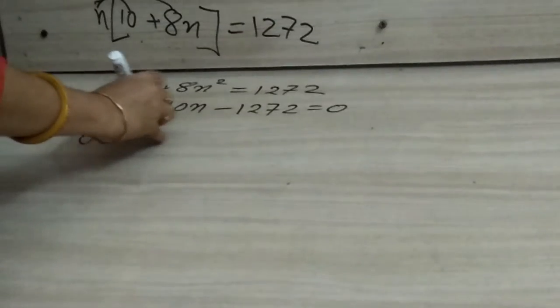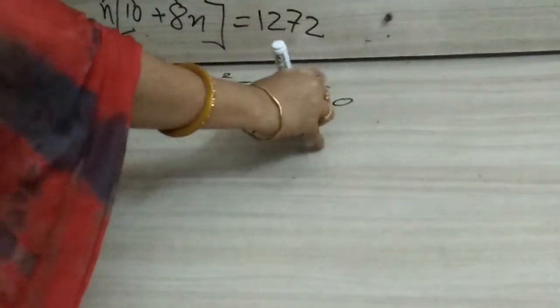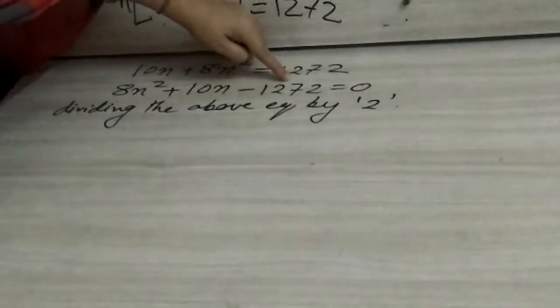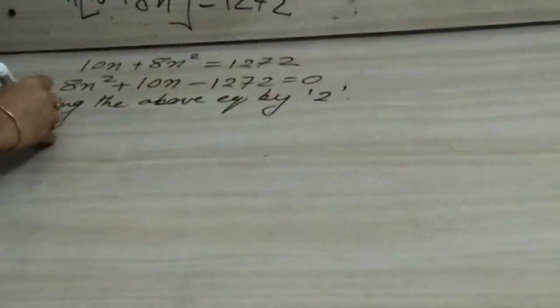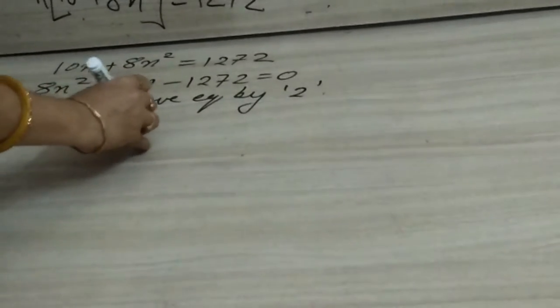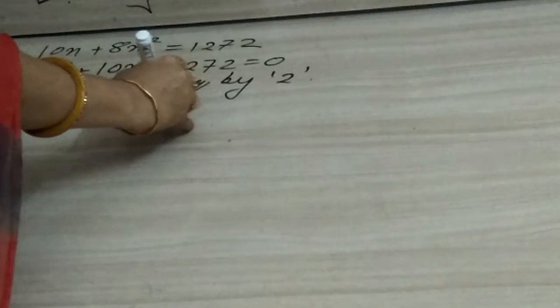Dividing the above equation by 2, because every term is an even term, we can reduce it. So n square plus 5n minus 636 is equal to 0.